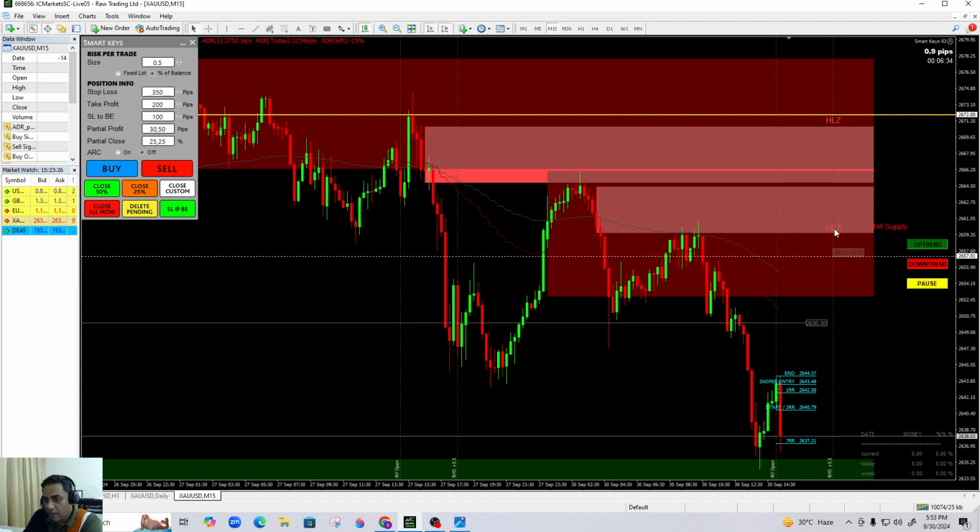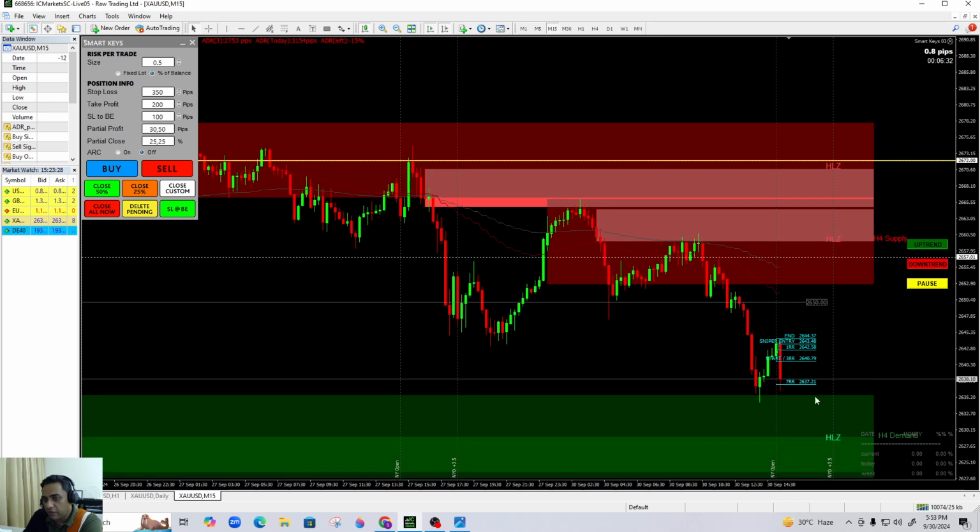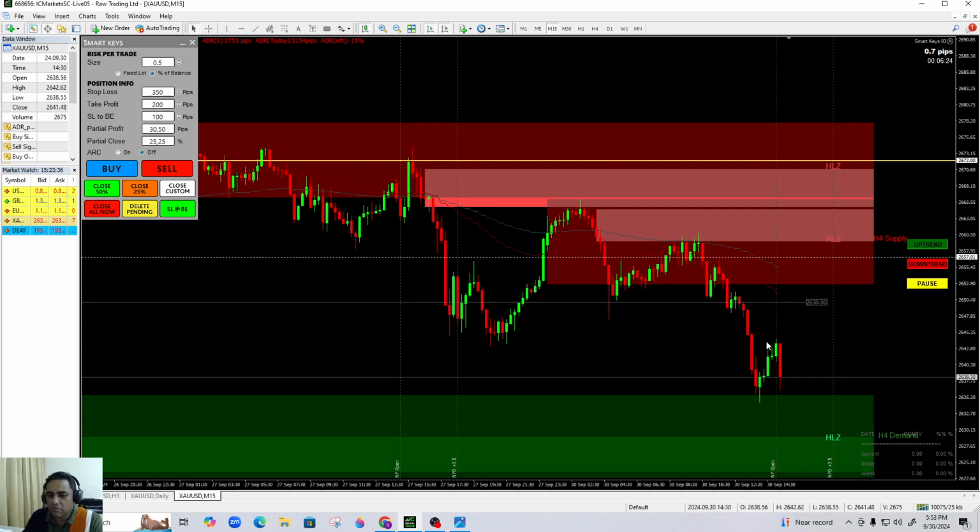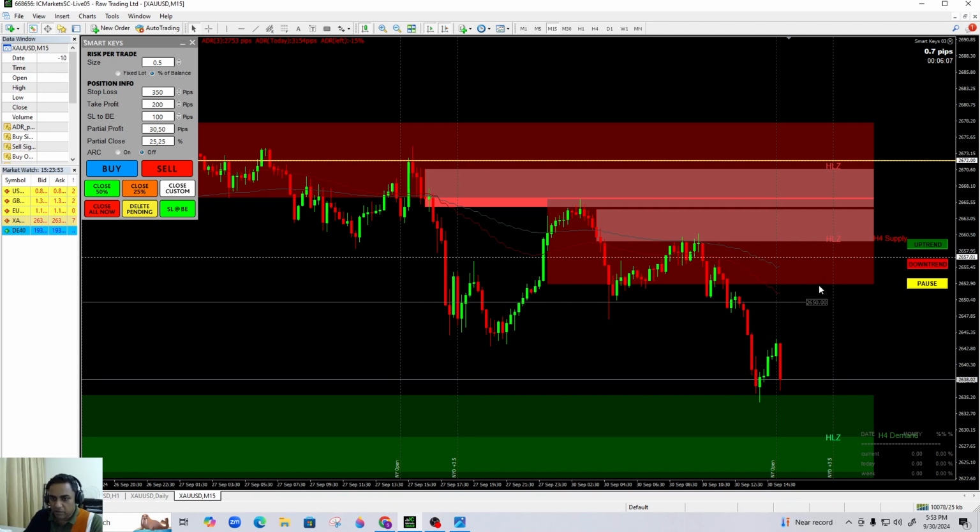So I have to wait at those areas for a reaction. Not here. Even though there is a winning trade here, there'll be winning trades anywhere or everywhere on the chart. That doesn't mean all those trades are my trades. I don't have to take those trades. I have a checklist that has to be met for me to take a trade. The number one thing on the checklist is price needs to come to a high liquidity zone. It hasn't come to a high liquidity zone yet.